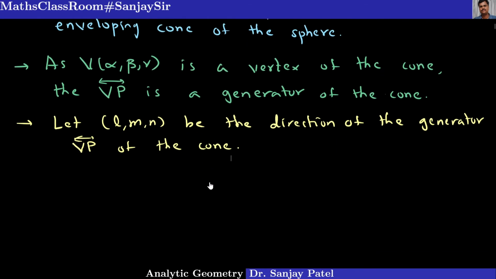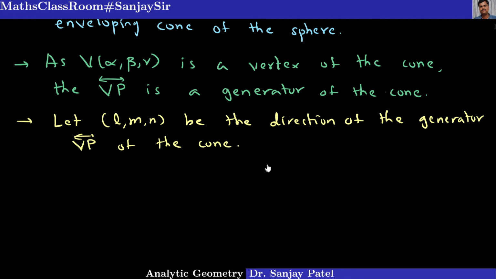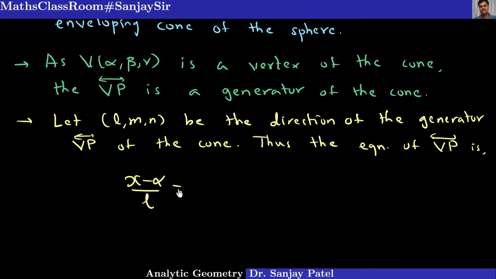So therefore I can write down the equation of this generator, and thus the equation of VP is given by (x minus alpha) upon l is equal to (y minus beta) upon m is equal to (z minus gamma) upon n is equal to k, and let us call this equation number 1.